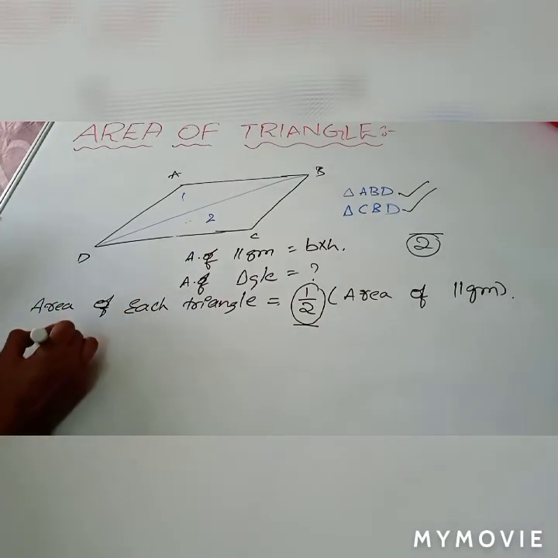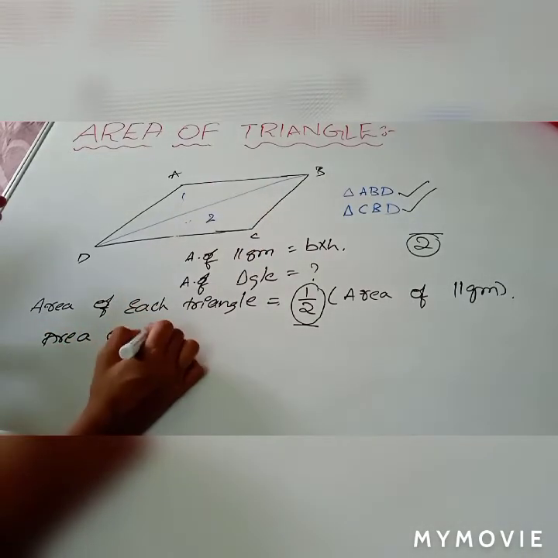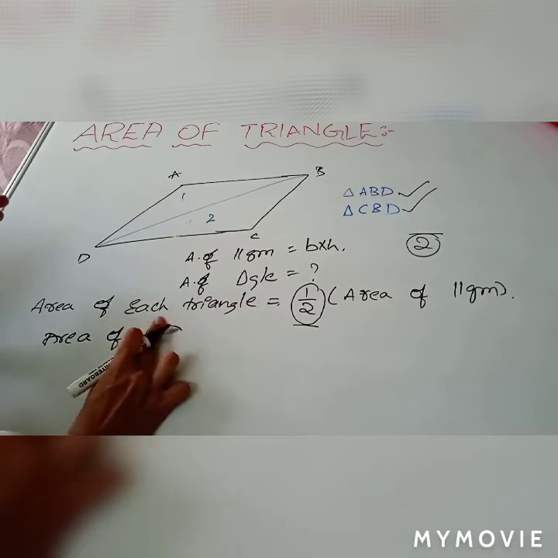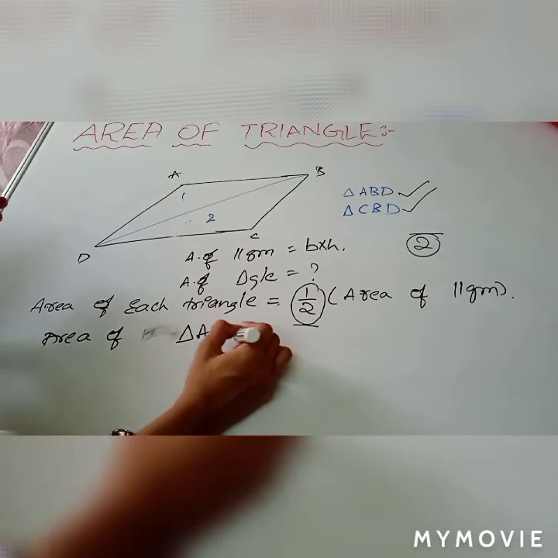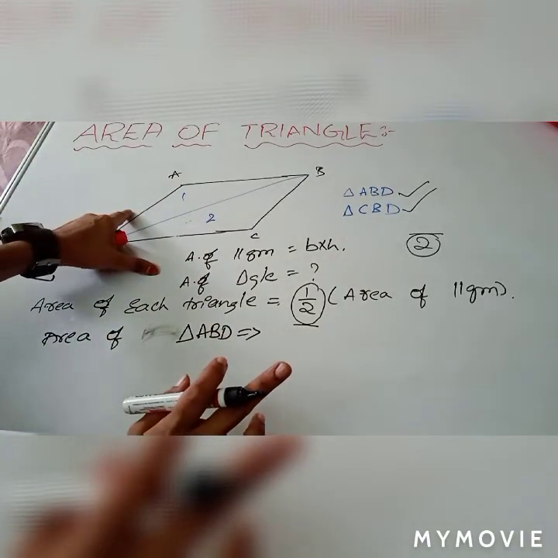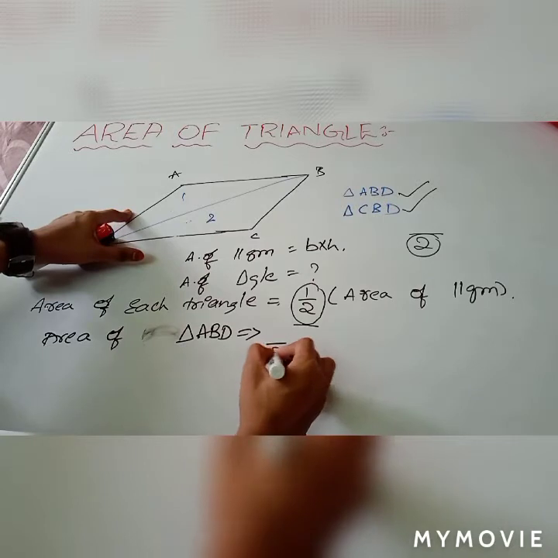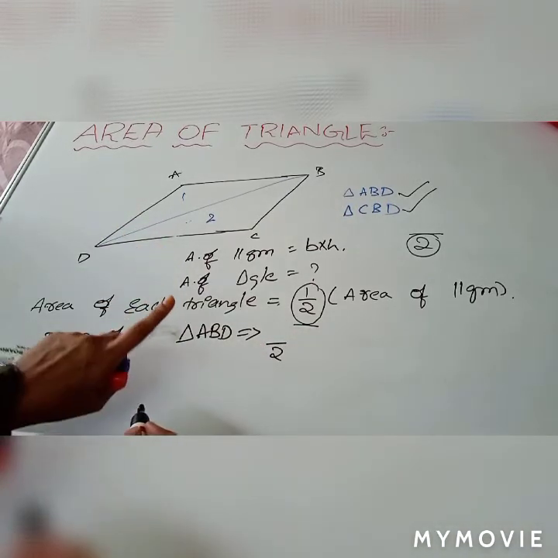So see here, area of triangle ABD. This is the one triangle from this parallelogram. How many triangles are there totally? 2 triangles. And we take only one triangle.